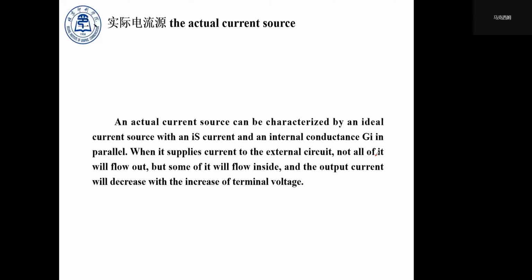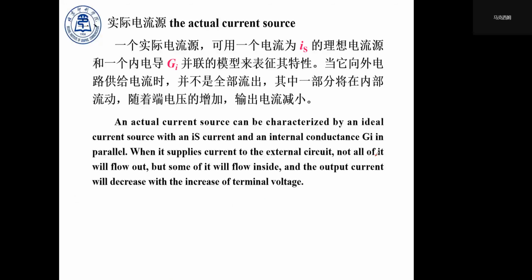After we talked about how to represent an actual voltage source, we can go to the actual current source. So an actual current source, we can represent with an ideal current source and a resistor or conductor in parallel connection with it.